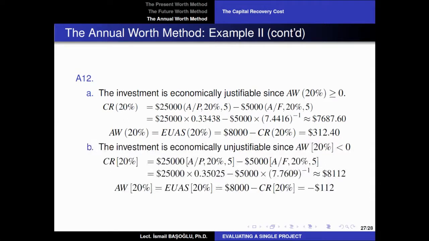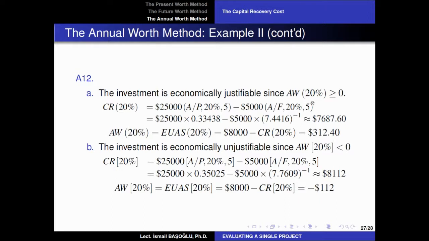However, if we have a capital recovery analysis under 20% interest rate, or 20% minimum attractive rate of return that compounds continuously, in that case the capital recovery cost will be calculated under continuous compounding.